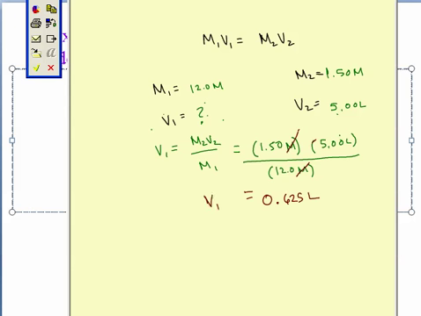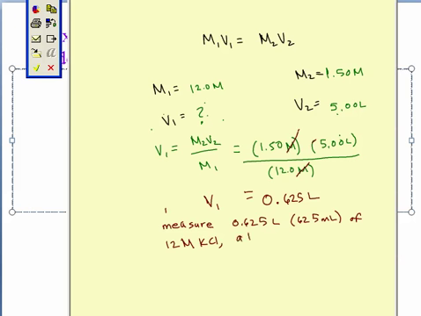So what this means is to get my diluted solution, I would measure 0.625 liters, which is 625 milliliters, of my 12 molar KCl. I can use a graduated cylinder to do that.